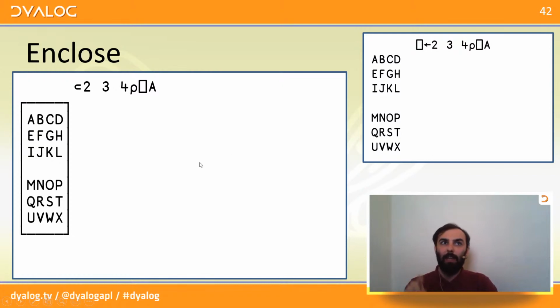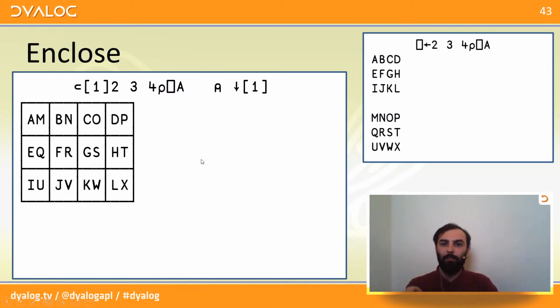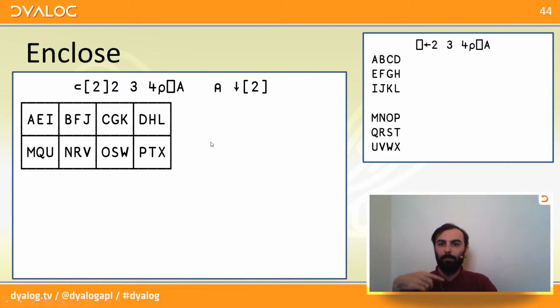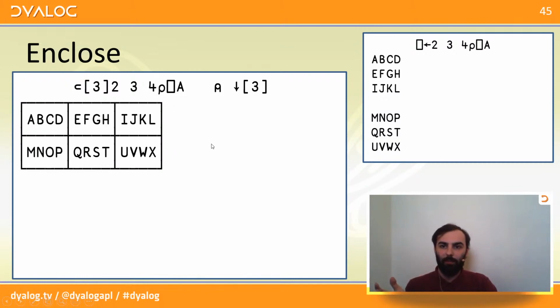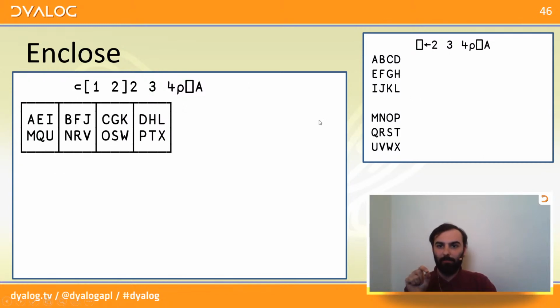Of course, you can give enclose an axis specification, but if you give it a single axis, it ends up identical to split. Does all the same stuff. Although it has the added bonus that you can specify multiple axes. So it'll enclose higher rank subarrays along those axes.